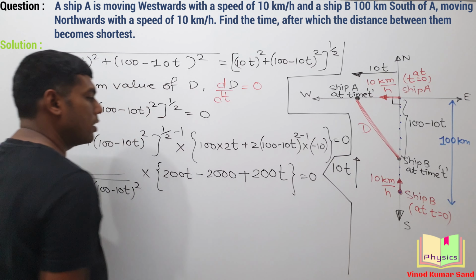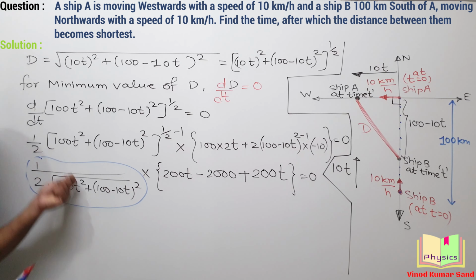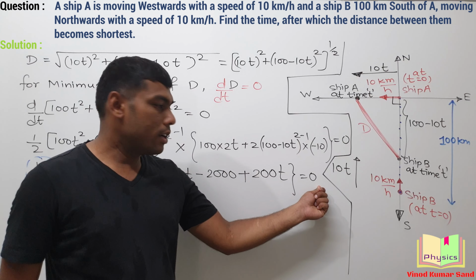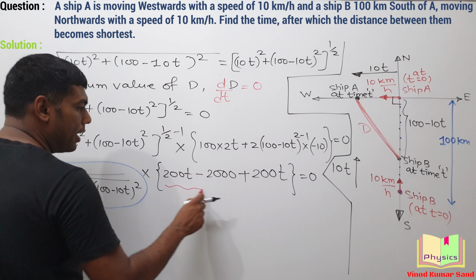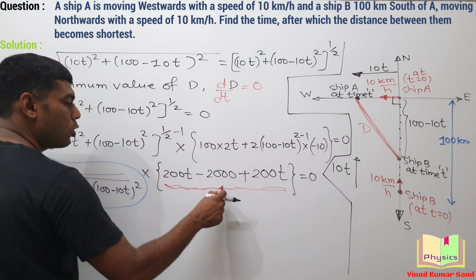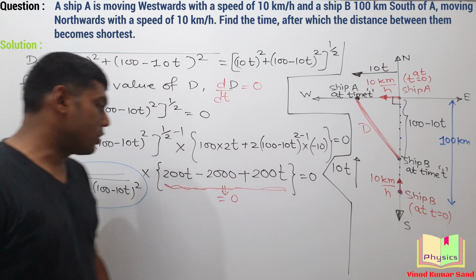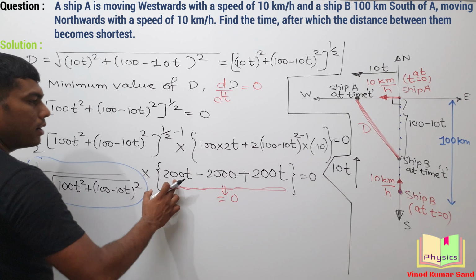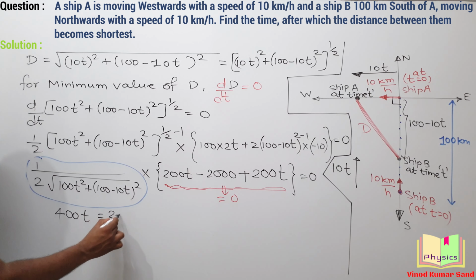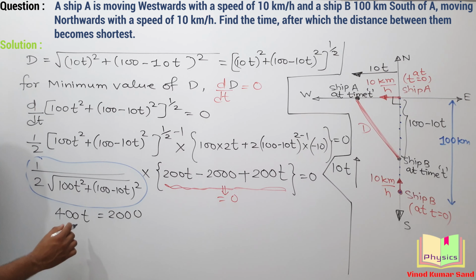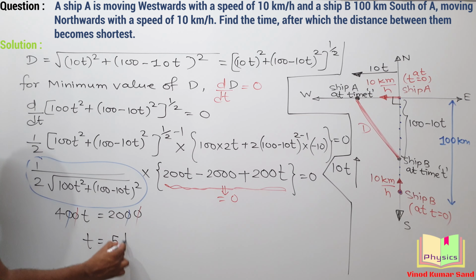This entire computation is equal to 0. This term has been sent to the RHS. Okay, now we are left with this entire term equal to 0. Simplifying this, 200t plus 200t, so basically we have 400t equals 2000. So what we are getting, t comes out to be 5 hours.